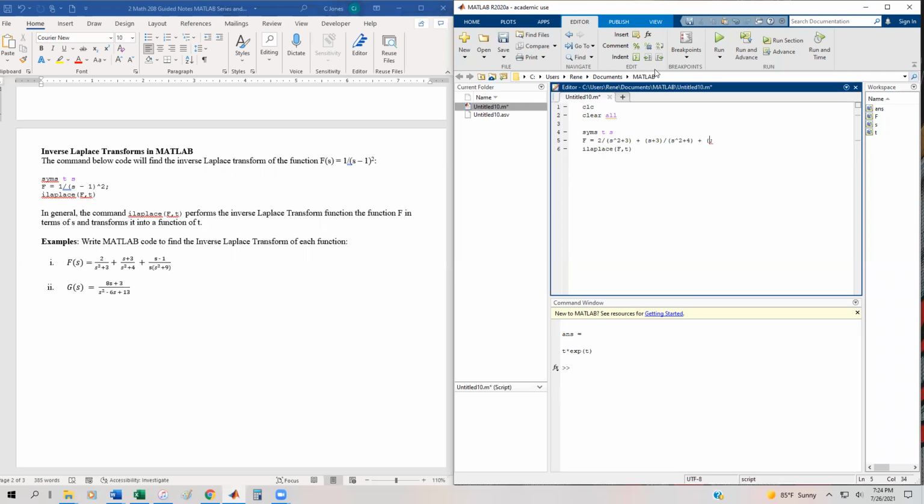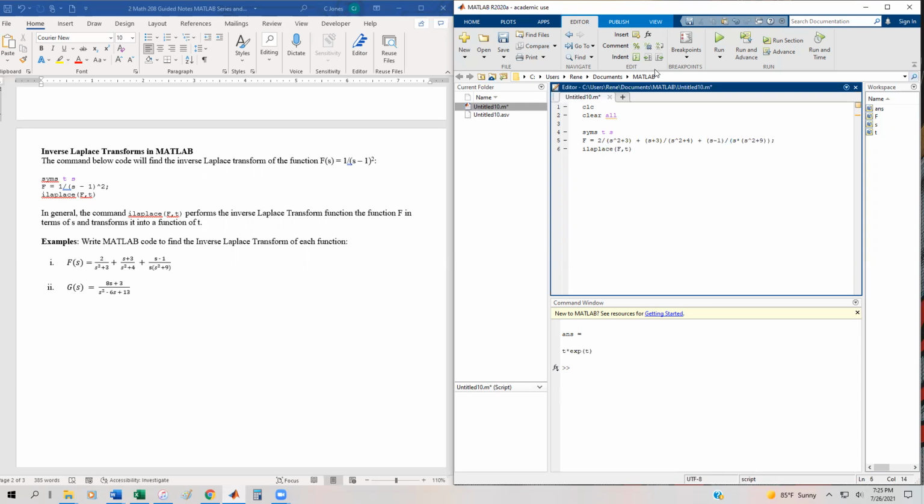And finally, s minus 1 divided by s times quantity s squared plus 9. And close that parenthesis and close that parenthesis.